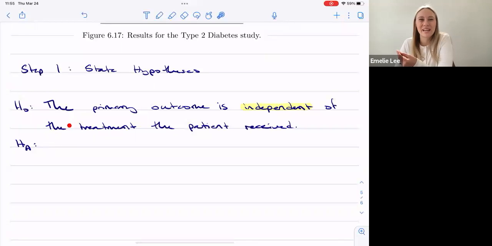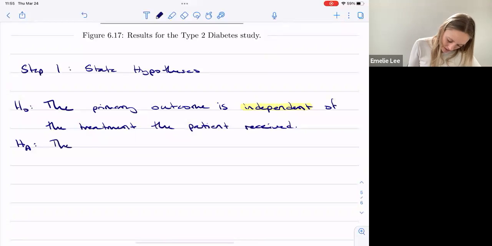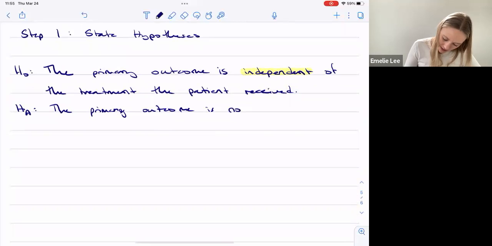The question we want to answer is usually the null hypothesis as well, right? So it kind of makes sense, but I don't know. The null hypothesis, the primary outcome is independent of the treatment the patient received, whereas the alternative hypothesis is that the primary outcome is not independent.